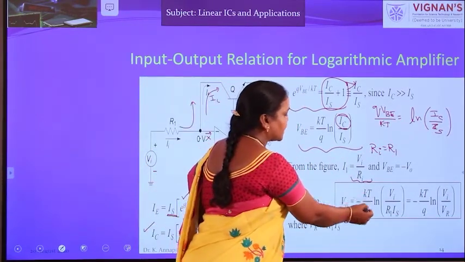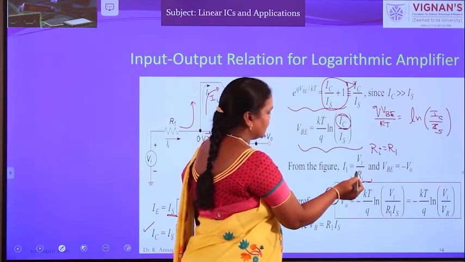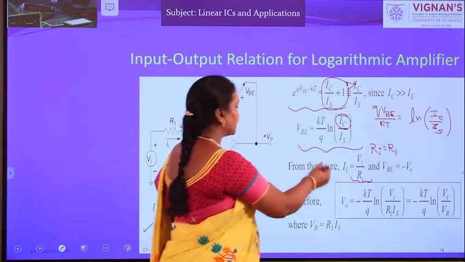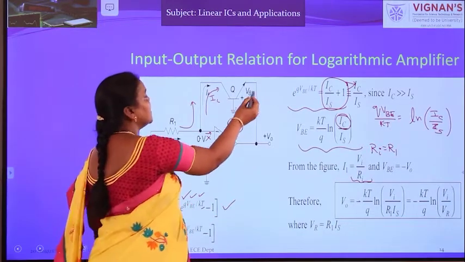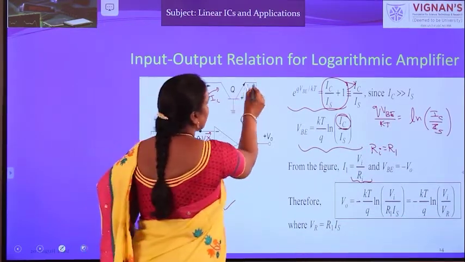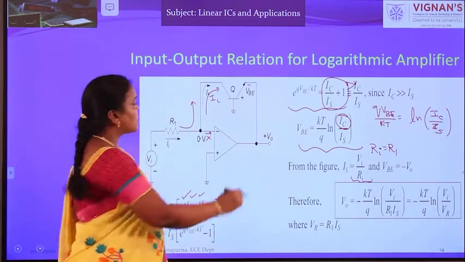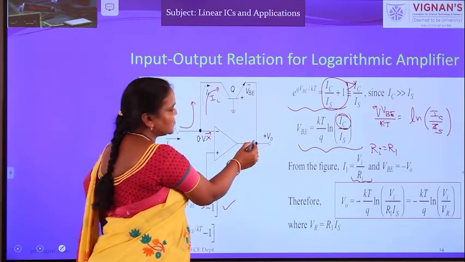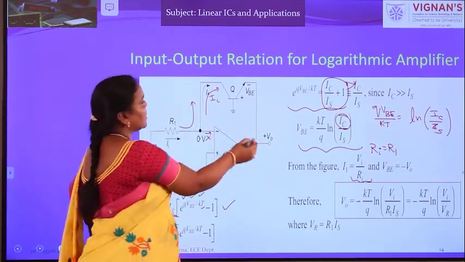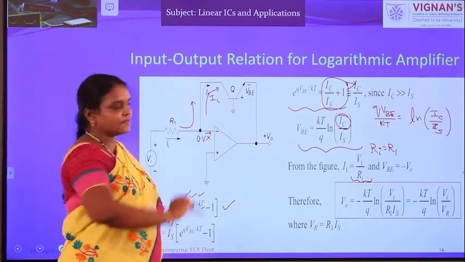V0 is equal to minus kT by q into... why we got minus means till now we got the expression for VBE. What is the relation? V0 is just minus of VBE. V0 means from this node to ground. So it is minus VBE.